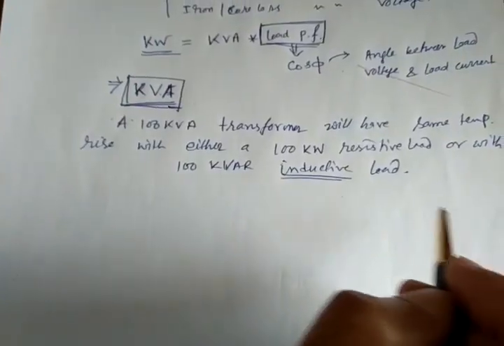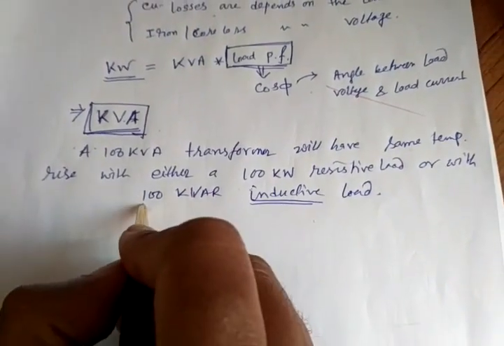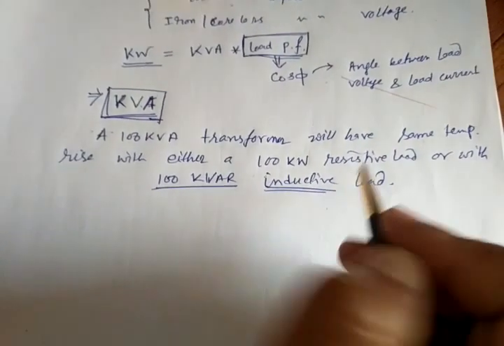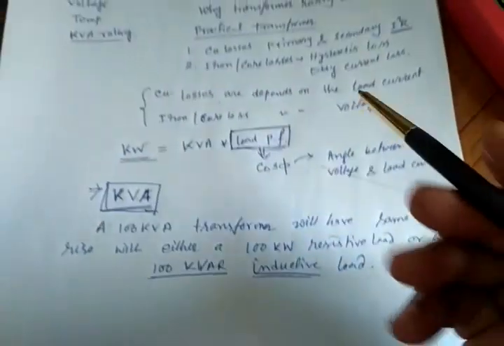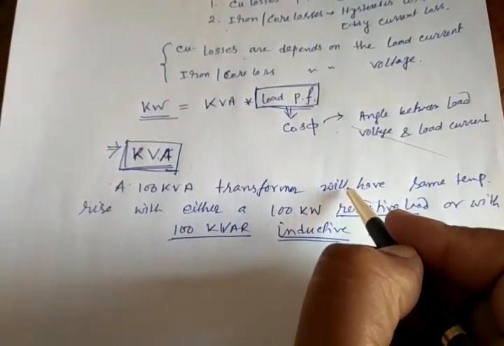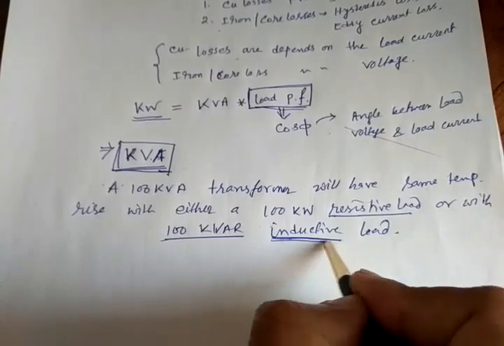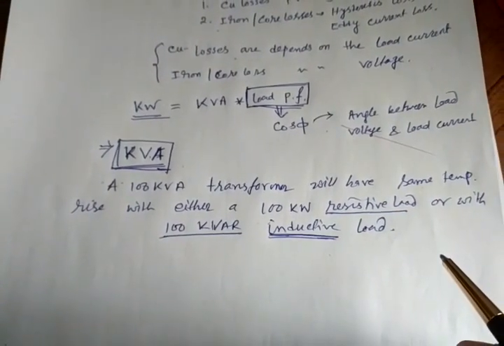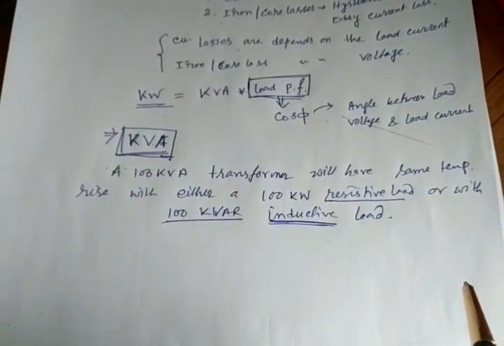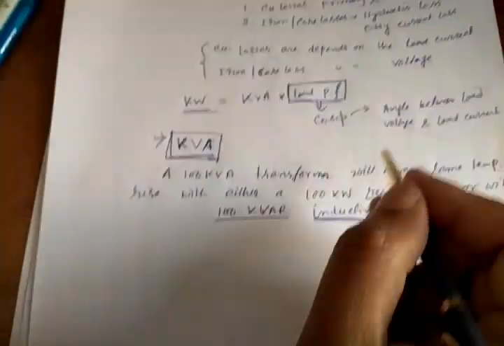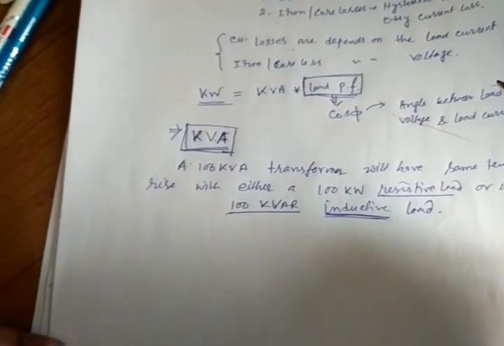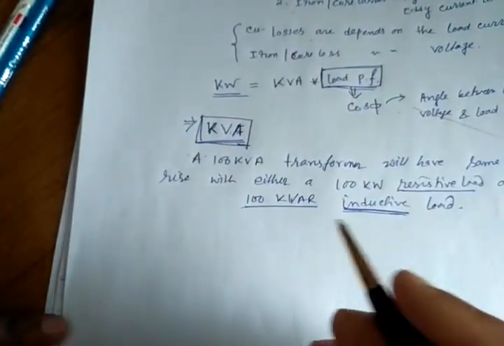In that case there will be only kVAR, no kilowatt, but the temperature rise will be the same. So we see that the losses don't depend on the power factor. Power factor becomes 1 in case of resistive load, the same temperature rise. Again, for inductive load, power factor is lagging power factor, and for that also we have the same temperature rise. So essentially the losses don't depend on the power factor, and that is the reason the transformer rating is given in kVA.